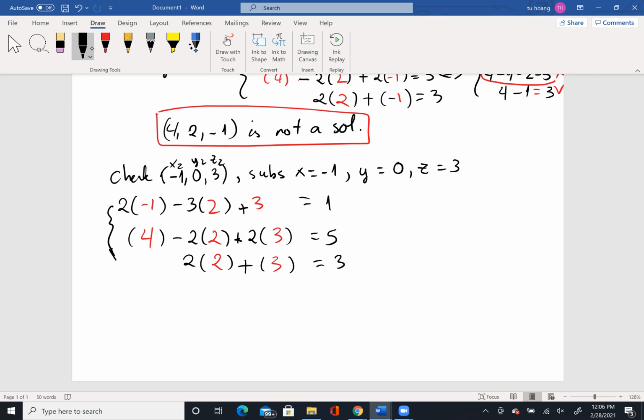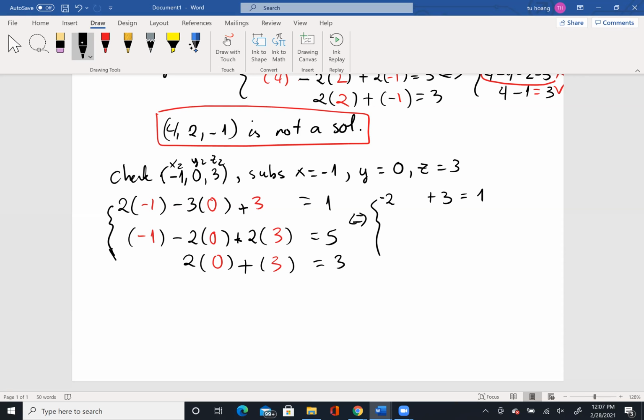Okay, so now I gotta substitute. I'm going to simplify each equation. I have 2 times -1 is -2, minus 3 times 0, oh, y is 0. Why did I put 2 here? That's what was wrong.